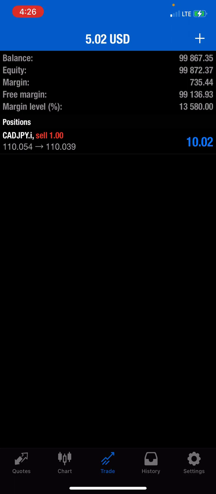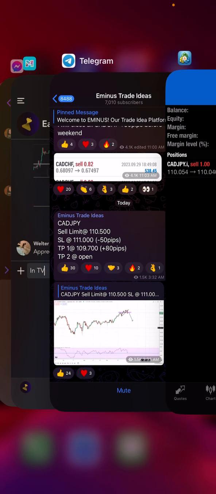So I just kind of watch it. I could make this a risk-free trade by putting it, but it's going to hit my stop loss. I don't have any swing. But the thing of it is, I need to make my take profit at wherever they think it's going to go, which is the 109.70.